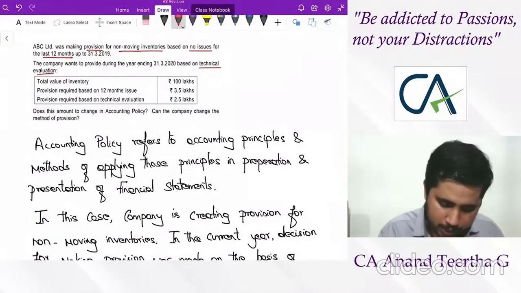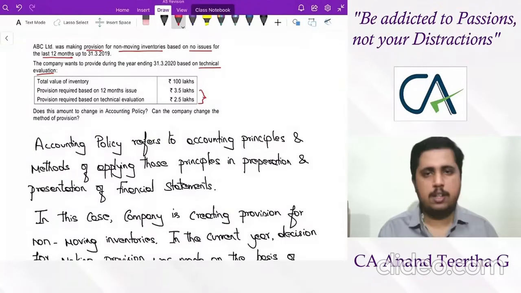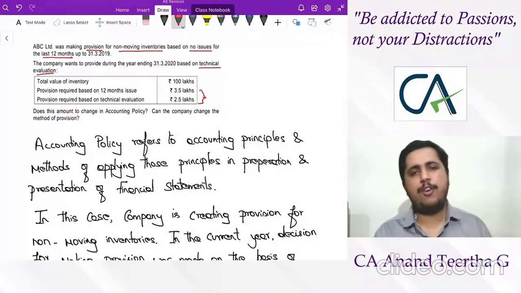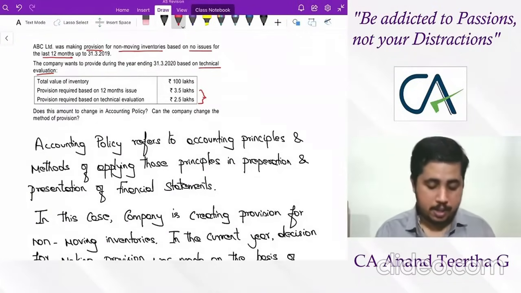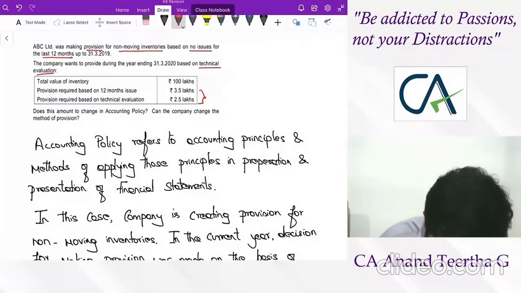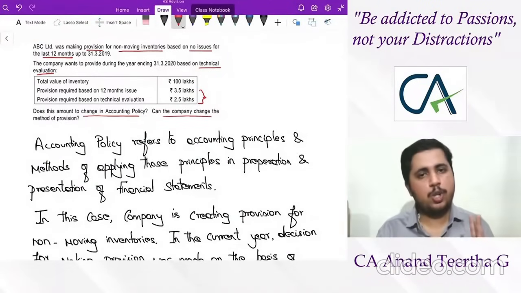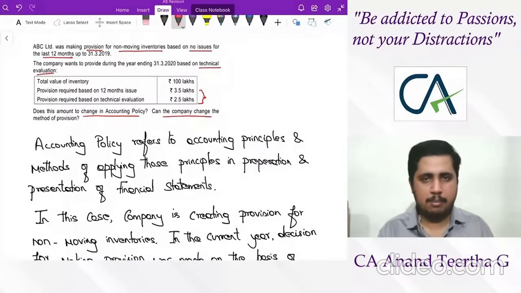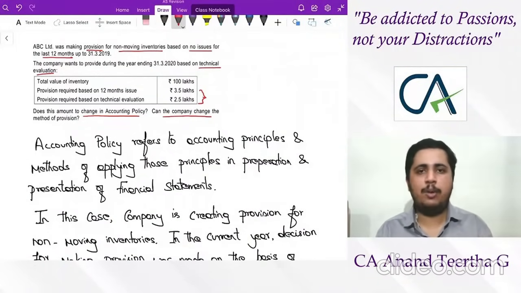And they have given you the amount impact on that. So if you follow the 12-month issue, what is going to happen? If you follow technical evaluation, what is going to happen? The major question asked is, does this change the accounting policy? Can the company change? So two questions have been asked to you. Whether this is a change in accounting policy, number one. Whether this change is allowed, number two.